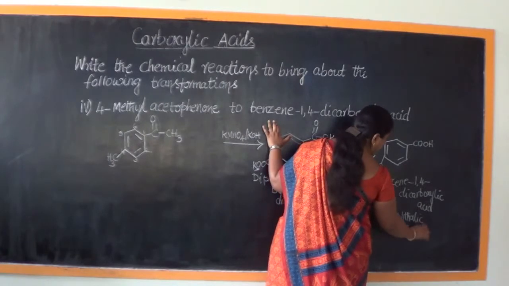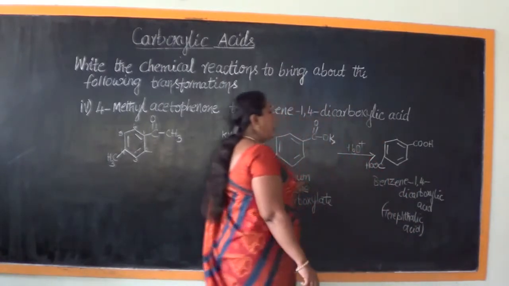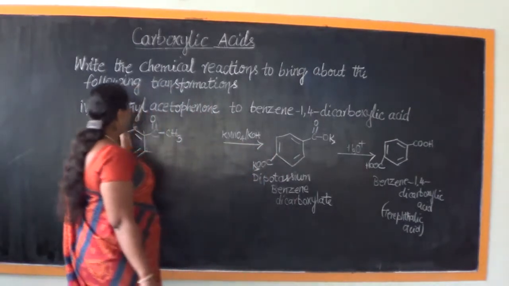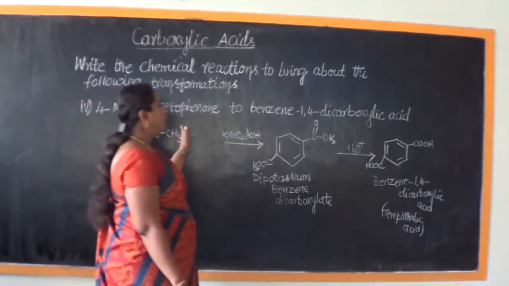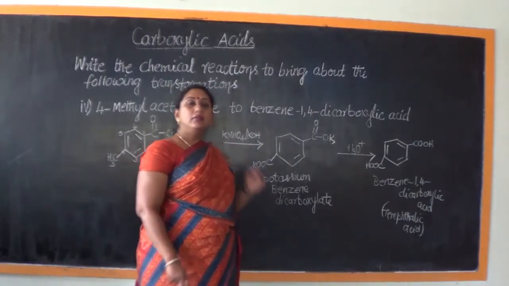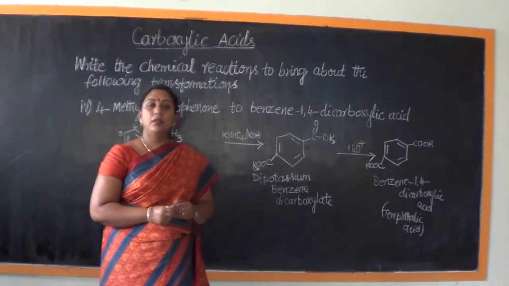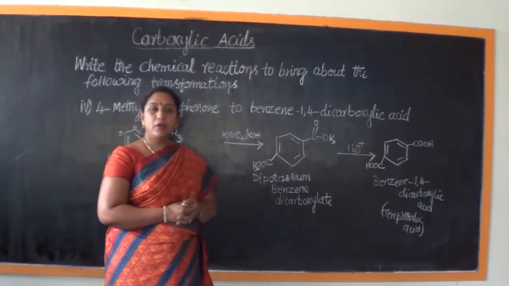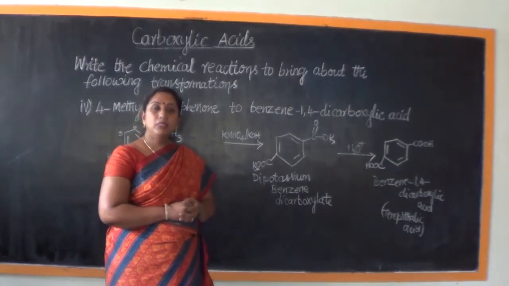It's popularly called terephthalic acid. So this is the method of obtaining benzene 1,4 dicarboxylic acid from 4-methyl acetophenone. This method is very similar to the method of converting alkyl benzene to carboxylic acid, and the process involved is vigorous oxidation.